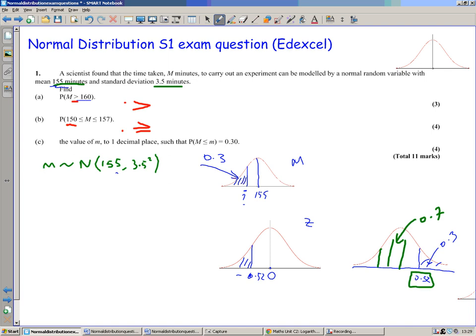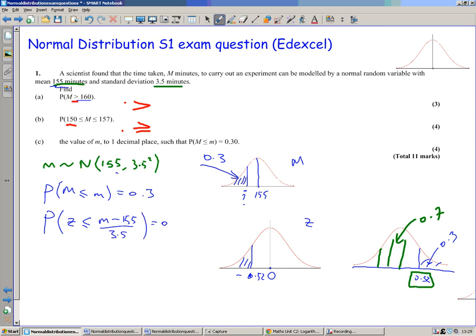So I've done all that, and haven't actually written any equations yet. I've just fiddled around with the diagram. A graphical approach is a good thing. Okay, so the probability that m is less than m equals 0.3 is the same as the probability that z is less than or equal to m minus the mean, which is 155, divided by the standard deviation, which is 3.5.